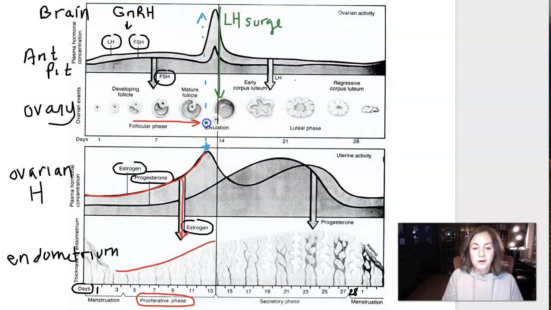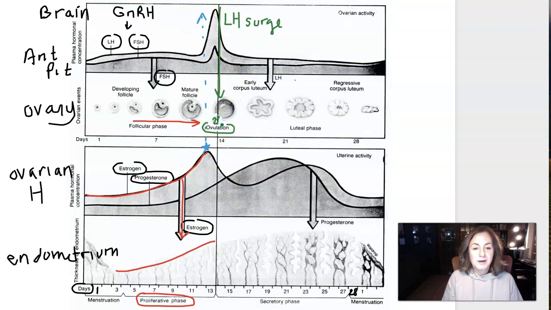The LH surge is going to cause ovulation. And just prior to that, it's the LH surge that will also cause the primary oocyte to undergo the first meiotic division into the secondary oocyte and the first polar body. So that first meiotic division will occur, and the secondary oocyte is released with the polar body clinging to it at ovulation, and it was LH that causes that to happen.